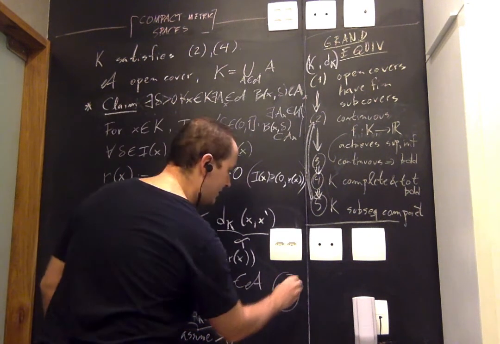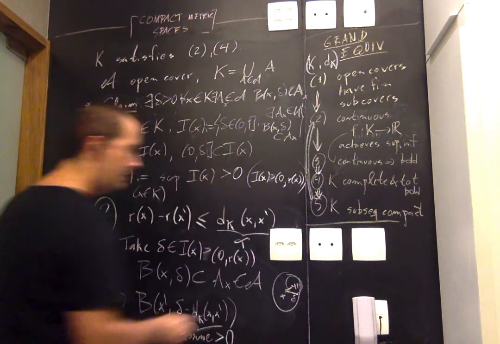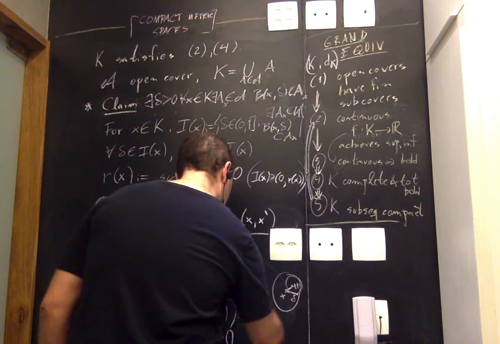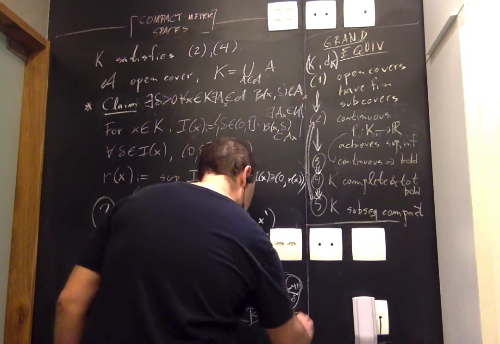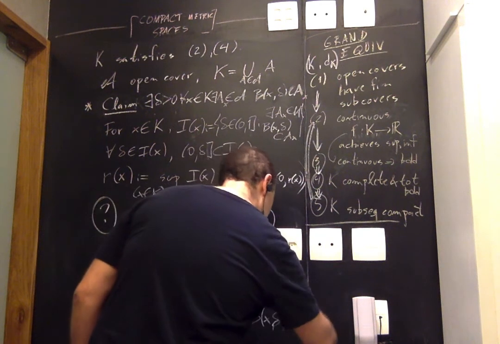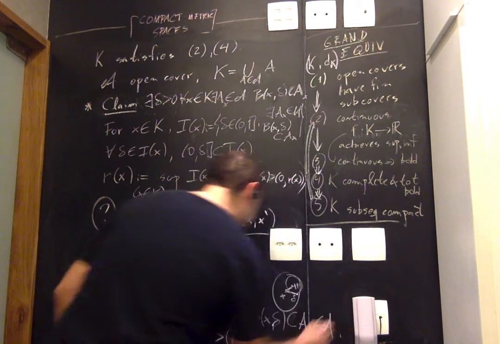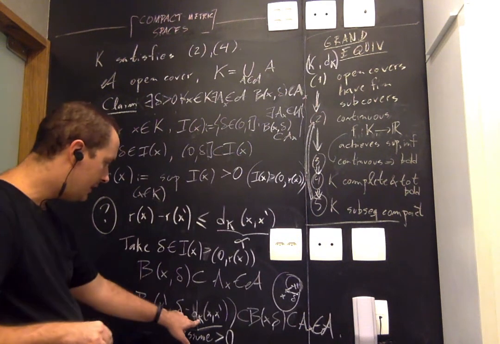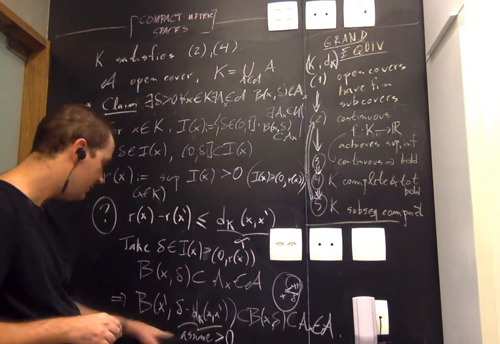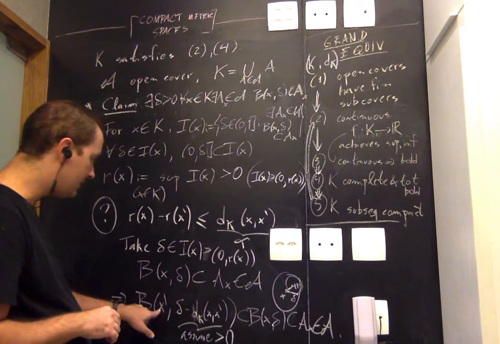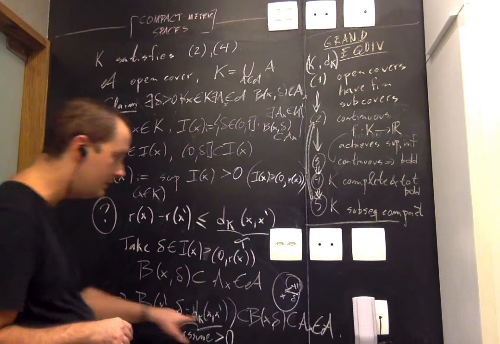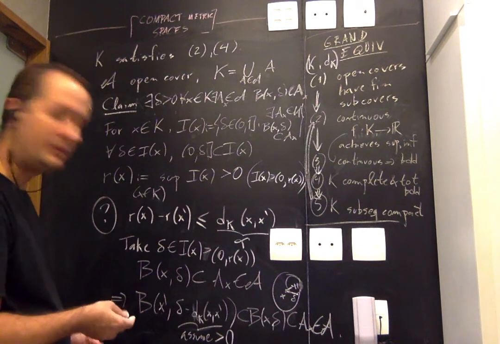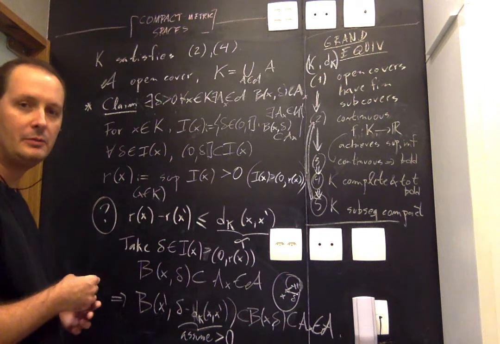It may not look like it because I messed up the drawing, but it makes sense. So this is contained in B of x, delta, which is contained in A sub x belonging to the open cover. So now again, assuming delta minus the distance is positive, I've found a radius such that the ball of that radius around x prime is entirely covered by one of the open sets in my open cover.